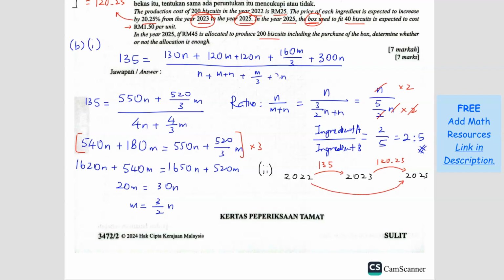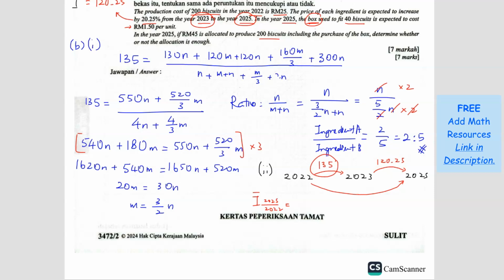Okay, so how to find this composite index for 2025 based on 2022 is that you're going to do this. This is a smiley, right? You can see it's a smiley here. So what you're going to do is times the top two, divide by 100, and you will get the value for this.